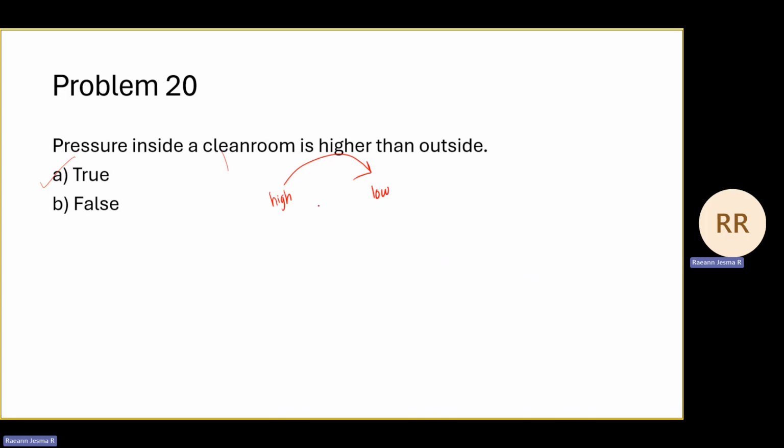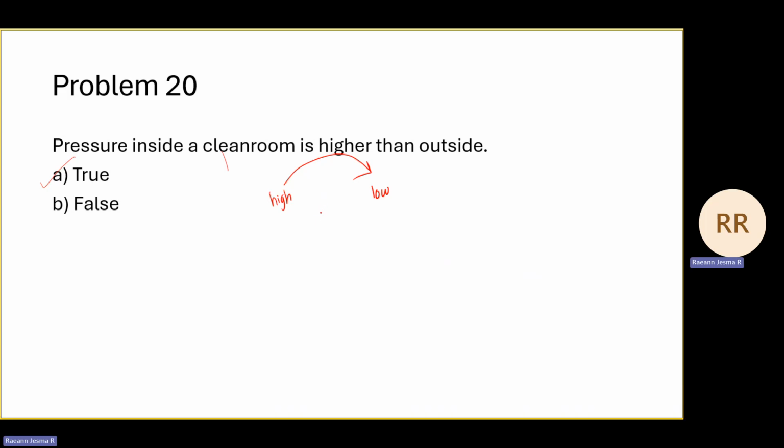So we already know that air will move from high pressure to low pressure, right? Also, when air is moving from high pressure to low pressure, it does not allow any movement in the opposite direction. We use this concept in a clean room in order to stop any airflow into the clean room.